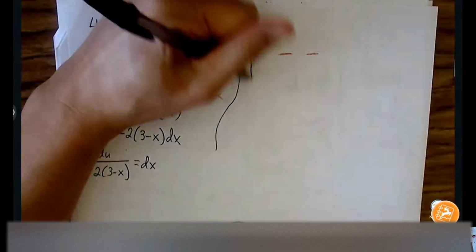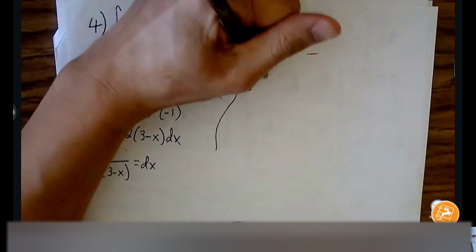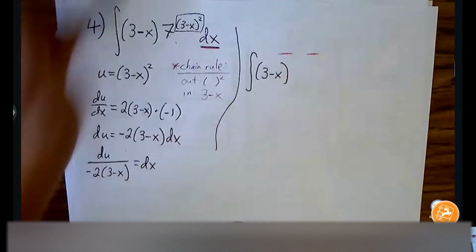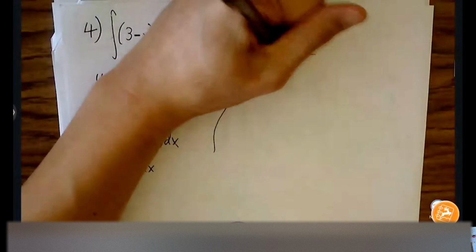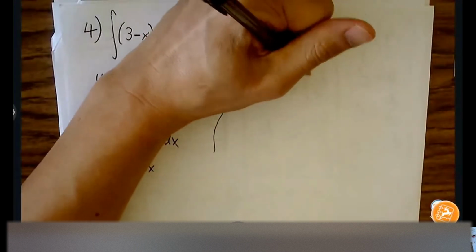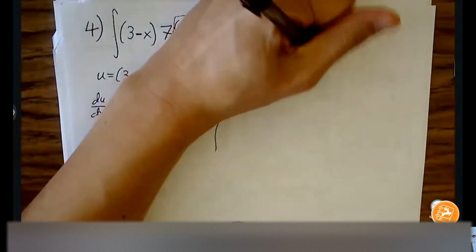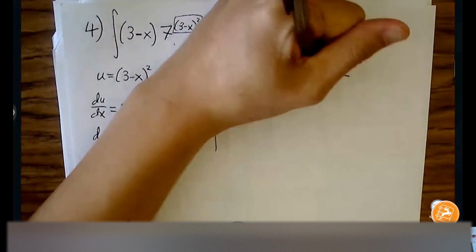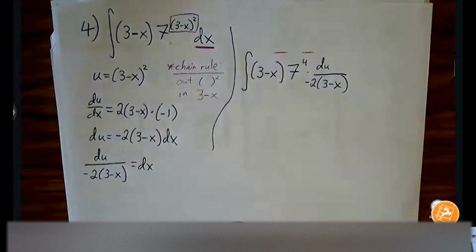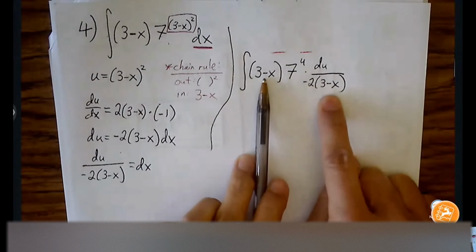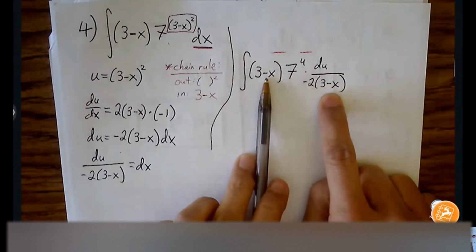All right, make my substitutions here. Just going to replace what I highlighted. All right, so having the 3 minus x visible is helpful.